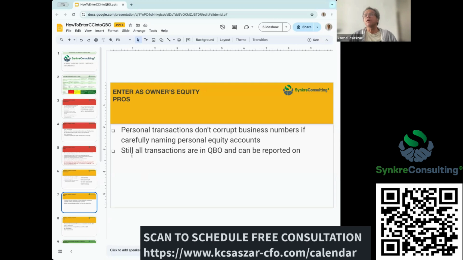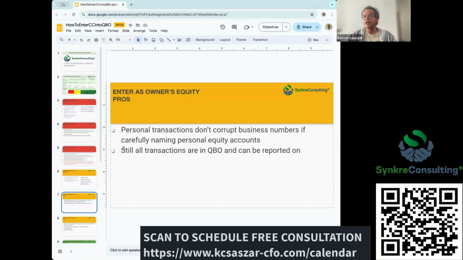So with this option, the main pro is still that all transactions are in QBO and can be reported on. All of the transactions are going to be imported into QBO, which is really neat because you have the full, item-level reportability of your business-related spending.